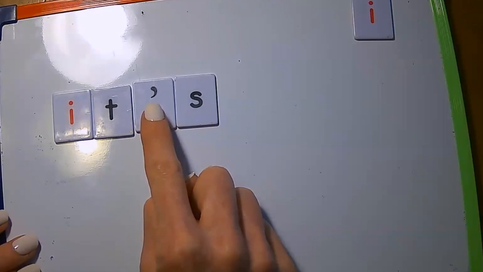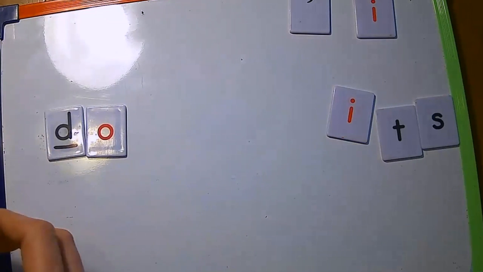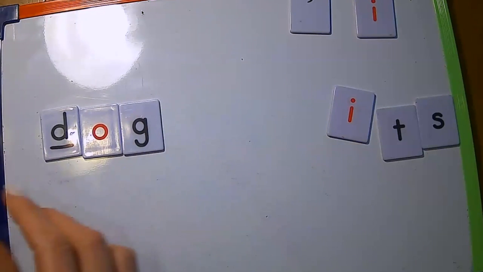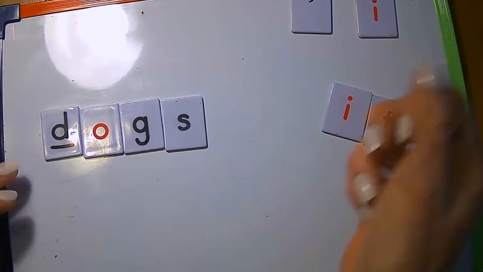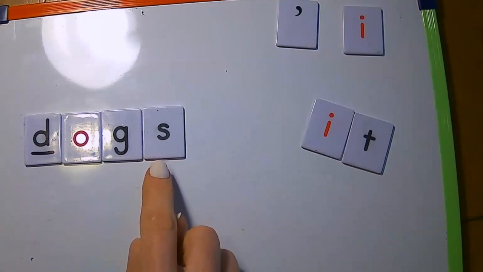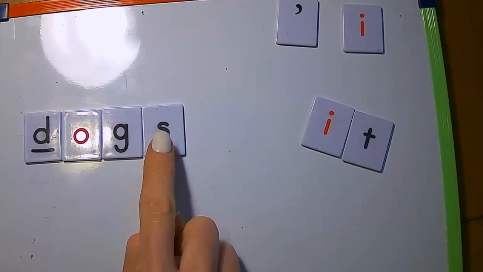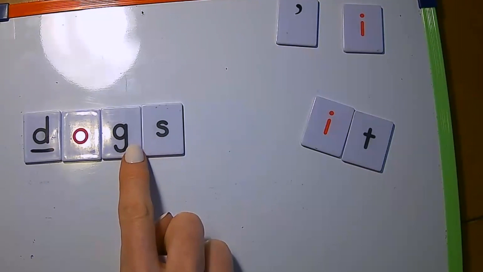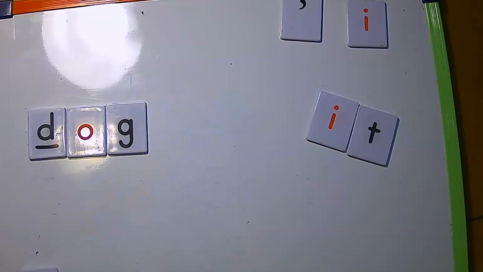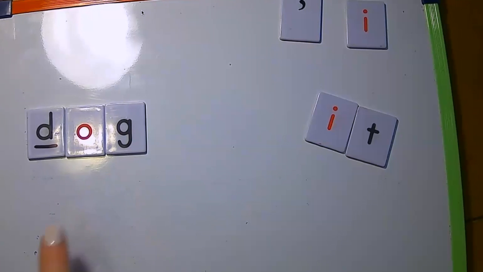Somebody owns something. I'm going to build the word dogs. And dogs has an S at the end. And what does that S mean? That's right. That S means there's more than one dog. If I didn't have that S, that would stand for one dog.